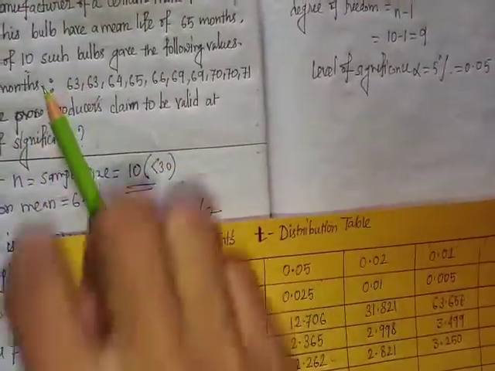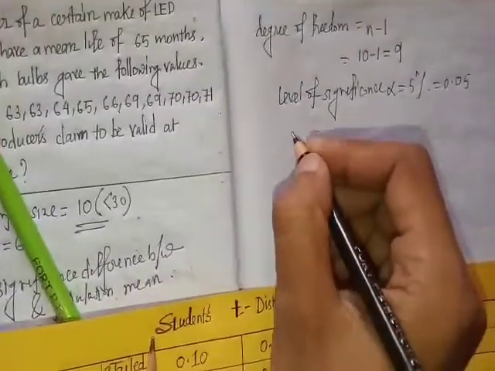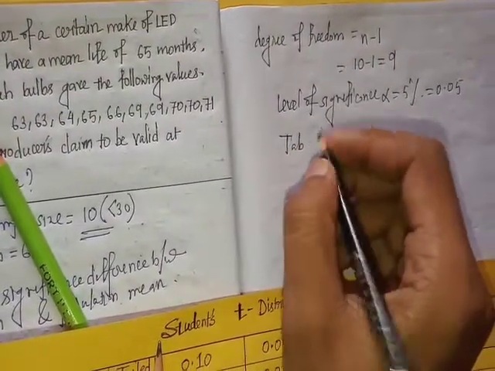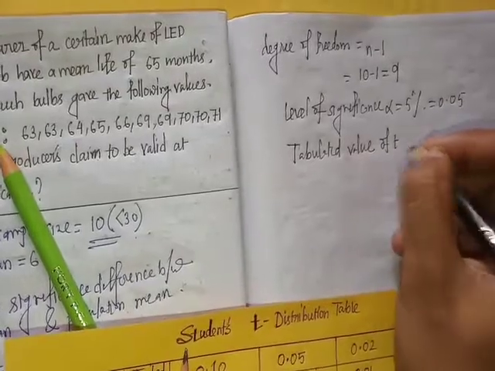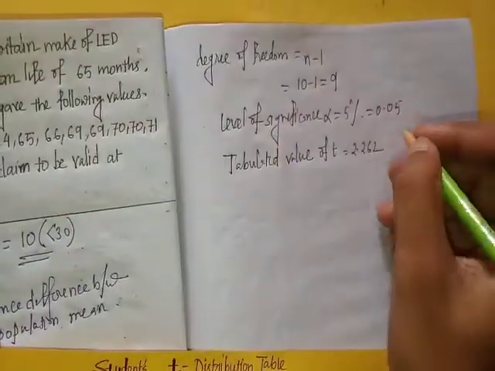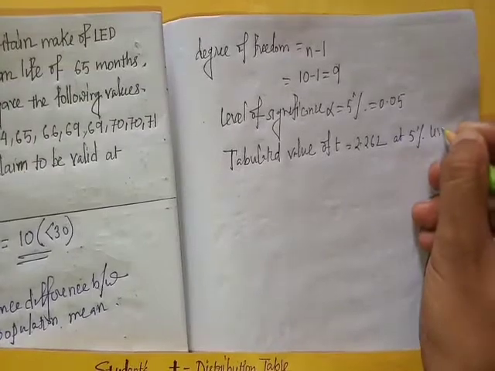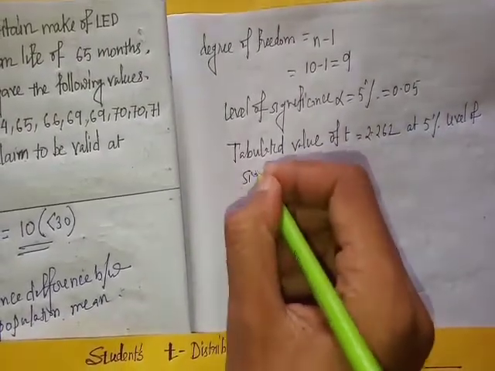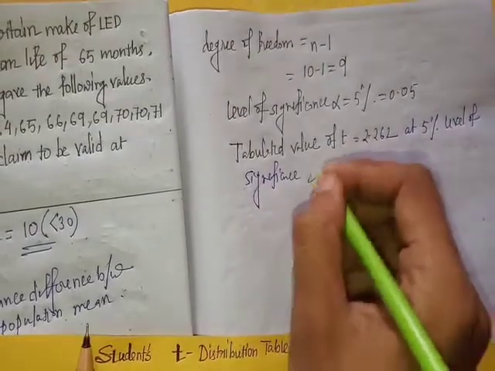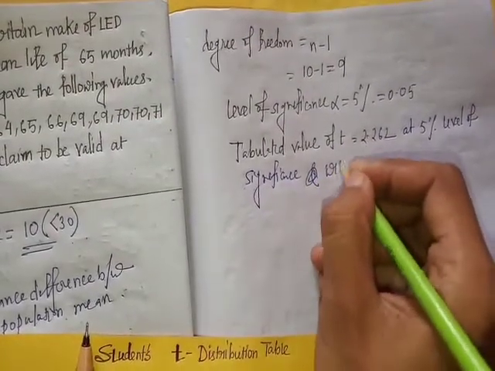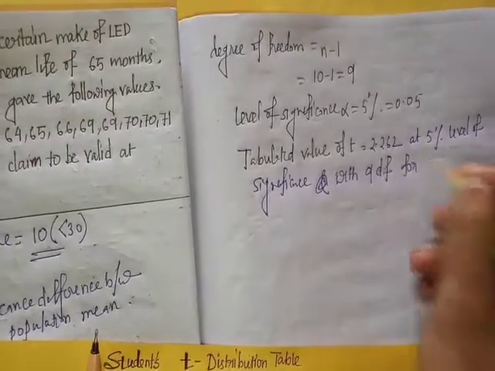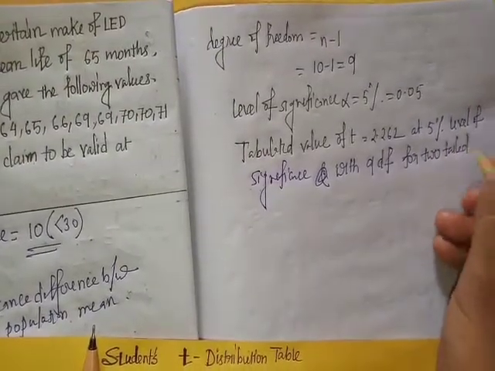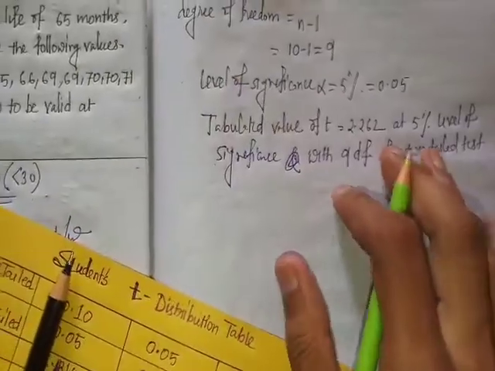So 2.262 is the critical or tabulated value of T for a 2 tail test at 5% level of significance with 9 degrees of freedom. Okay. Next, decision.